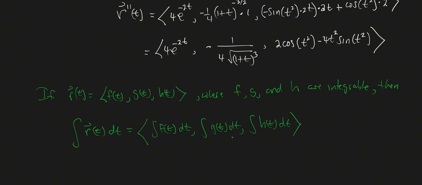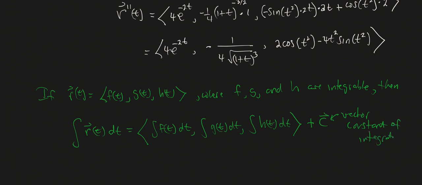But you can group those constants in their own vector and just put it at the end, as plus a vector constant. So we'll still use the letter C, but now we indicate that it's a vector by putting that little harpoon over it. So this is our vector constant of integration, right?